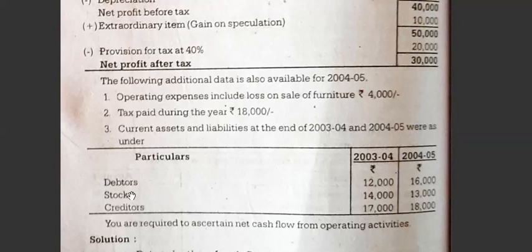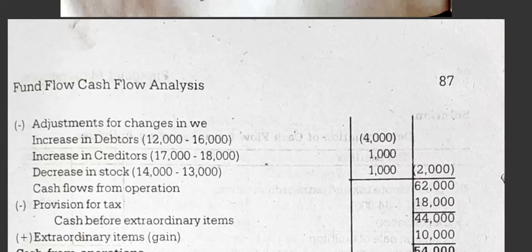Two of these are current assets. Now you have to find whether there is an increase or decrease. Here there is an increase, and the second one is a decrease. So in the solution, increase in debtors, write the difference.